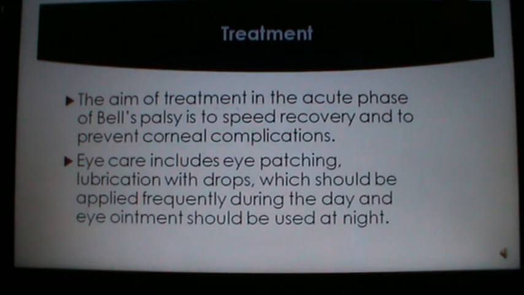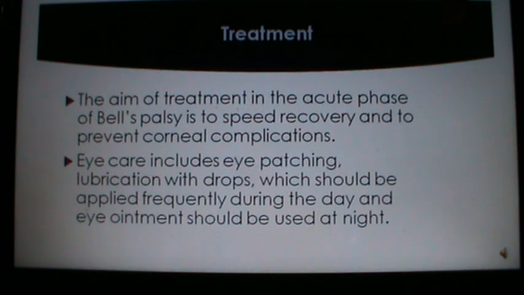This is important. The treatment of Bell's palsy is very important because the patient suffering from Bell's palsy is in an awkward situation until the Bell's palsy subsides.